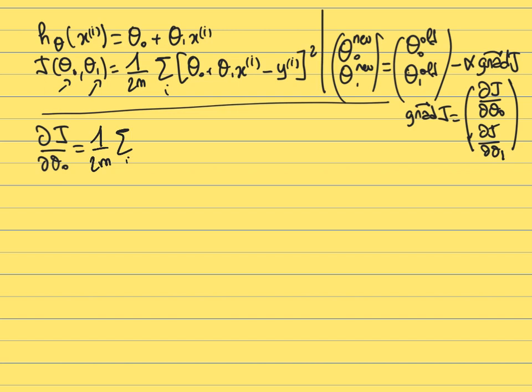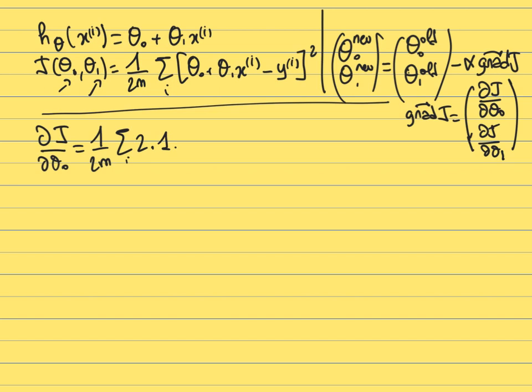The derivative of a function squared is 2 times the derivative of the function times the function itself. So we get 2 times the derivative of this function with respect to theta naught. It's just a linear function, and there is only a factor 1 in front of theta naught, so the derivative with respect to theta naught is just 1.